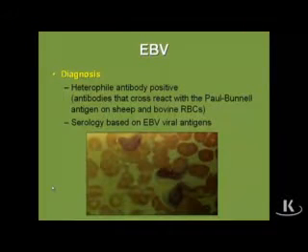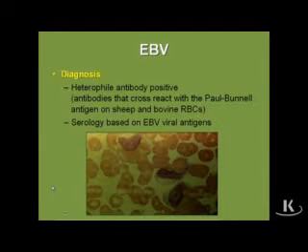Now, diagnosis for EBV is something that you might be asked to do. And there are two major things we have to think about here. Number one is if you have a patient presenting, again, typically in their teens, with fatigue, sore throat, and lymphadenopathy, maybe splenomegaly, they're going to do a heterophile antibody test.